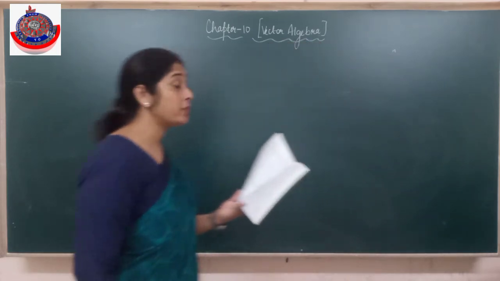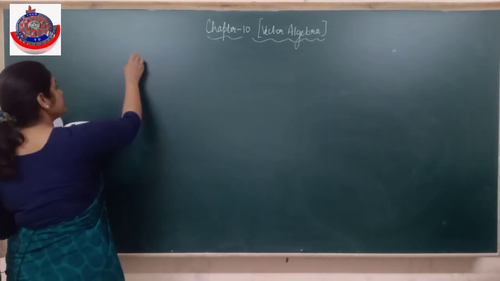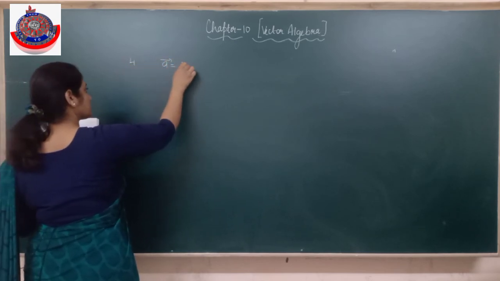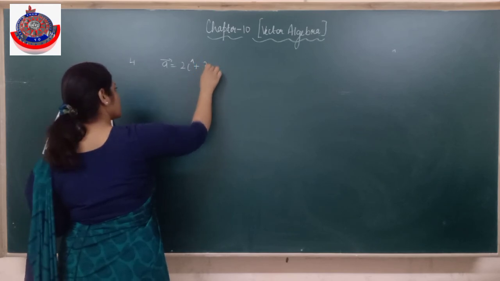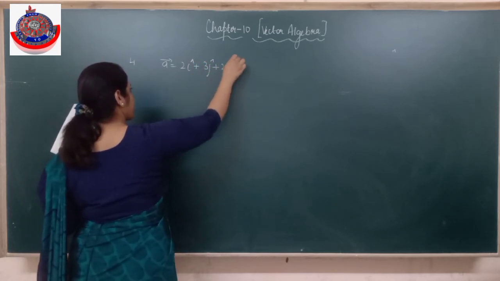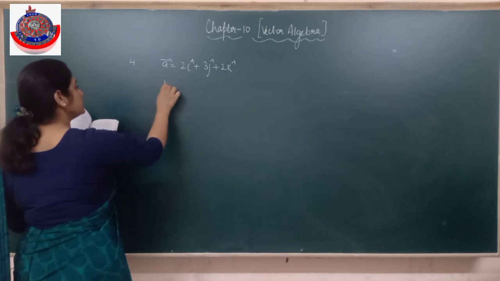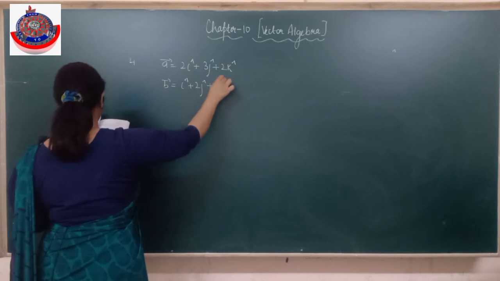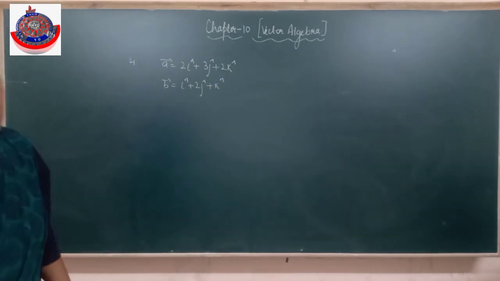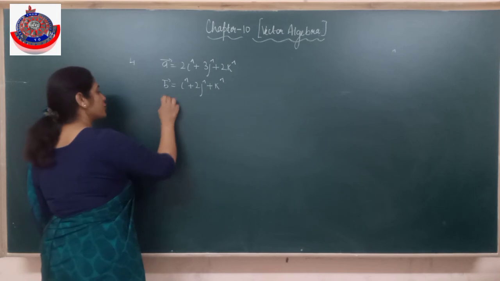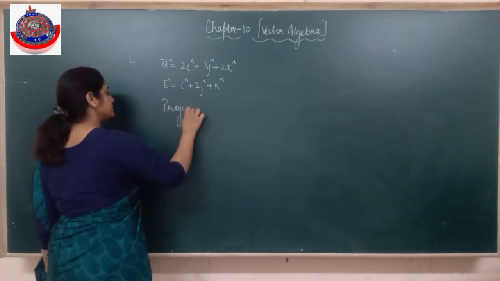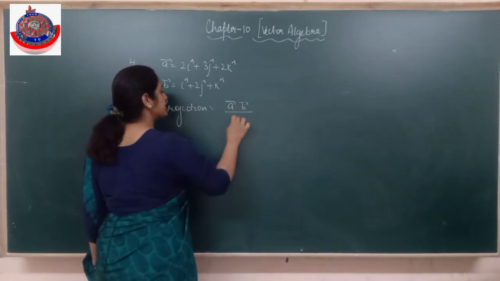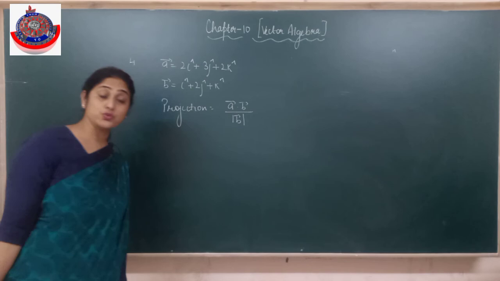Find the projection of the vector A on the vector B. We know how to find projection. What is the formula? The projection is A vector dot B vector divided by the magnitude of the vector on which the projection is to be found.